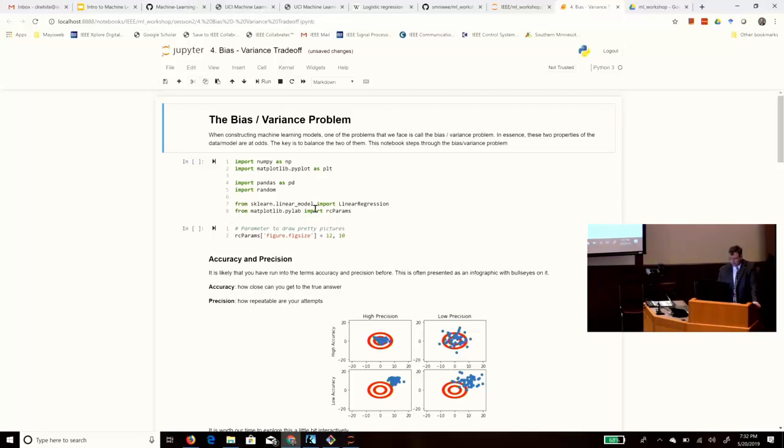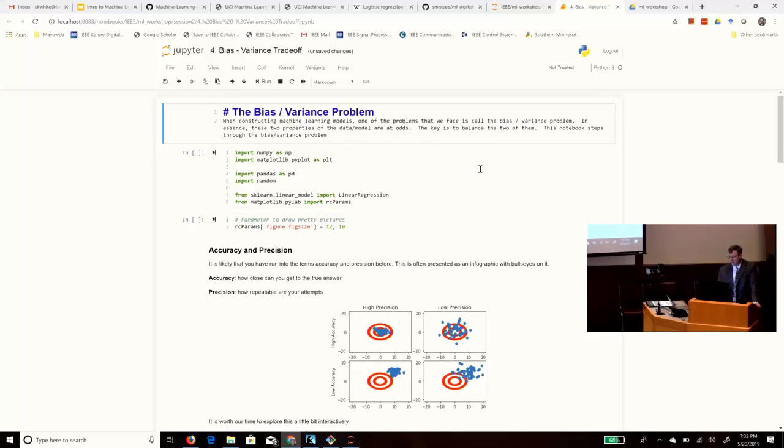The bias variance problem is one that we face quite a bit. What I want to do is first talk through that and then talk about how penalized regression helps address that, and I'll define that. Inside this notebook, I've got to use this keyboard too.